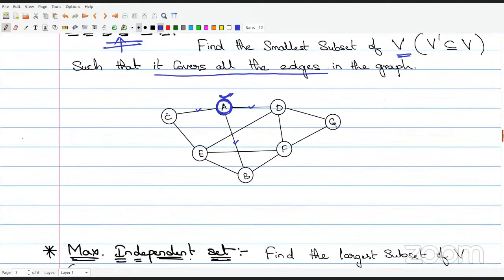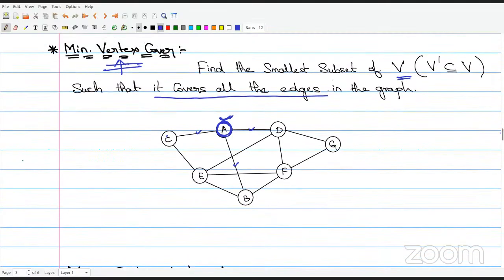Now I will be using some mathematical notations to denote this vertex cover. I already said V dash, right? Let me take E as the edge set. E refers to the edge set.